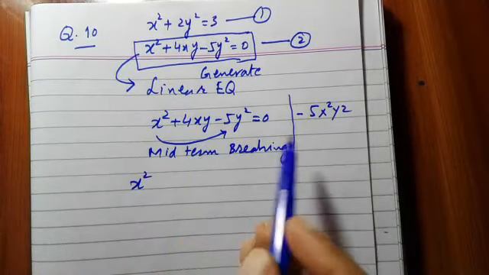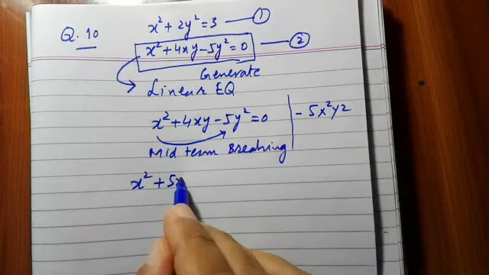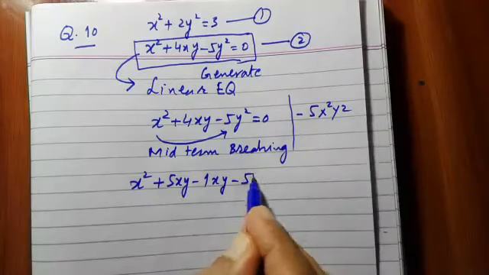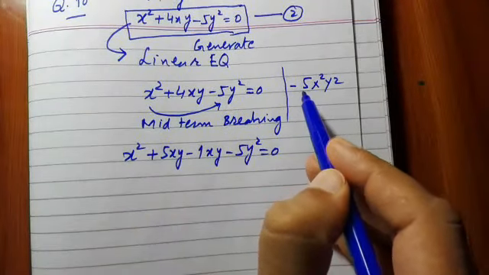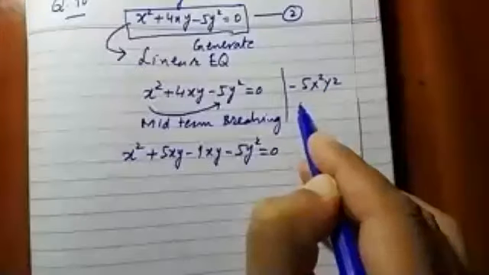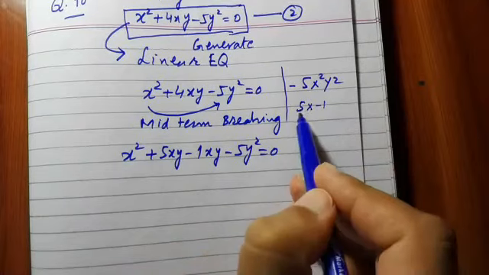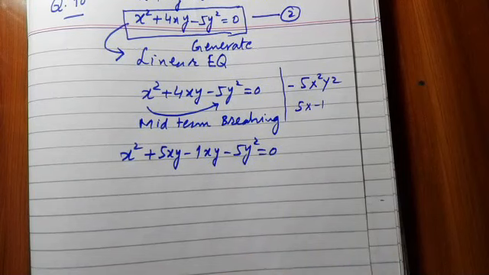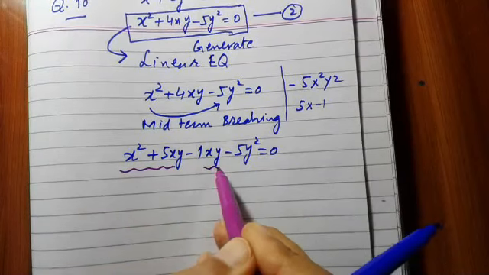So we are making the factors of -5. So I would write 5xy minus 1xy as midterm breaking, like this one. So you need to find 2 factors of -5. So -5 factors will be suitable, 5 times -1. And we will place x square, x and y with both 5 and -1. So once the midterm breaking is done, we will take common from the first 2 terms and last 2 terms.